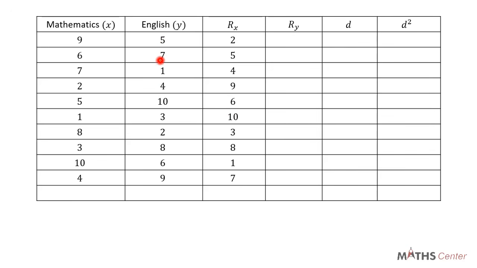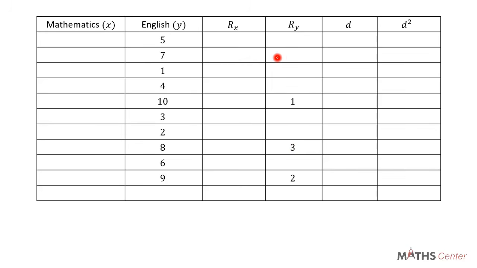Now, let's rank the Y values. I'll take off the mathematics scores and then the Rx values so that we can fully concentrate on the Y values and rank them. The highest one amongst them is 10, so that will have a rank of 1. The next one after that is 9, that will have a rank of 2. The one after that is 8, that will have a rank of 3.